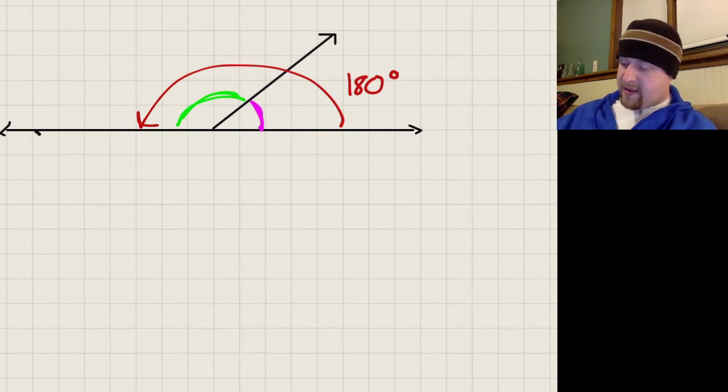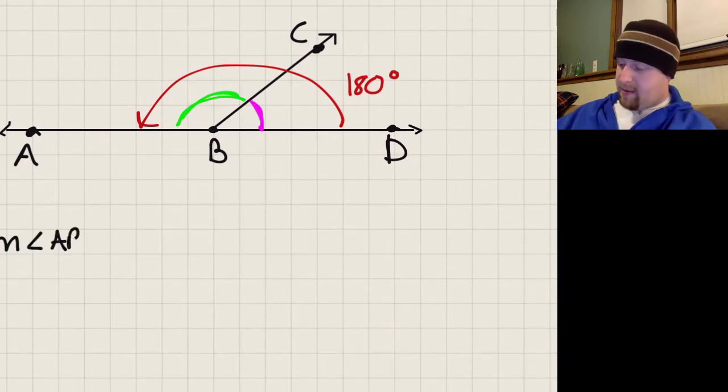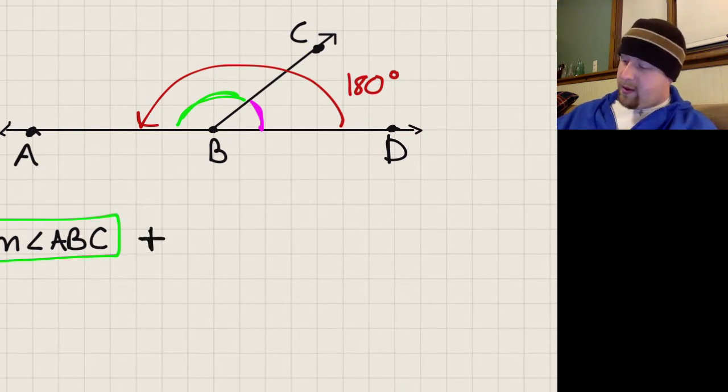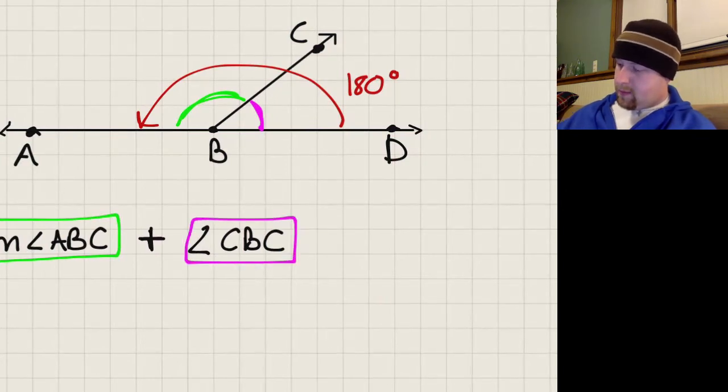The way I would write this, if I have A, B, C, and D, is that the measurement of angle ABC, I'm going to put a green box around it so you can compare, plus the measurement of angle CBD has to equal 180 degrees.